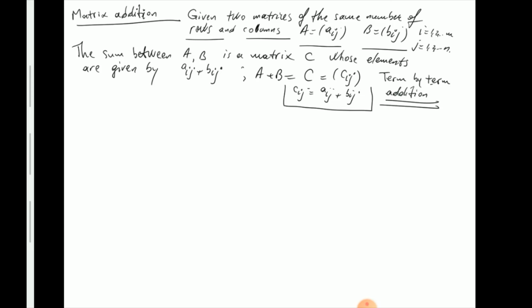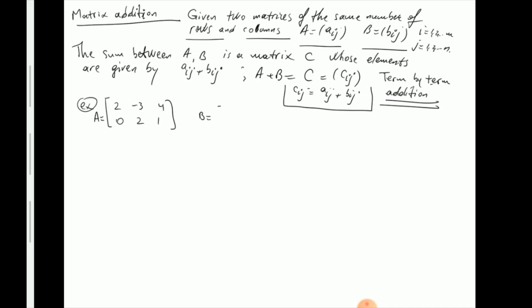So for example, let's say I need to add some matrices. Let's actually write down some notation here. Let's say we have a matrix A given by 2, minus 3, 4, 0, 2, 1.